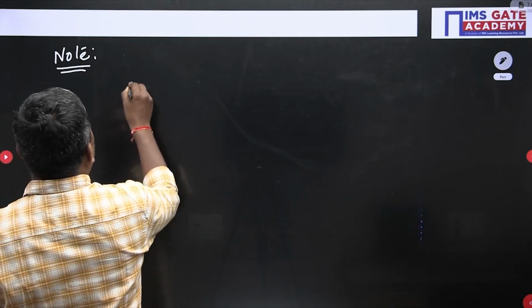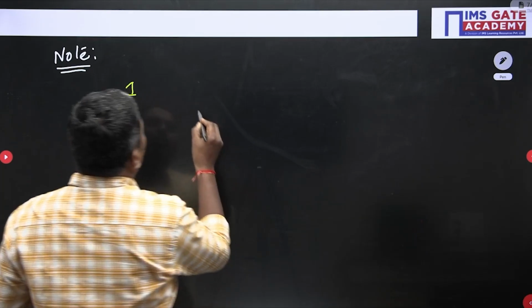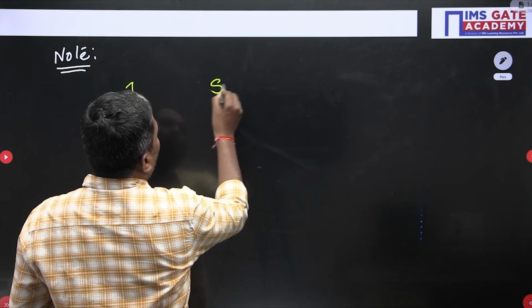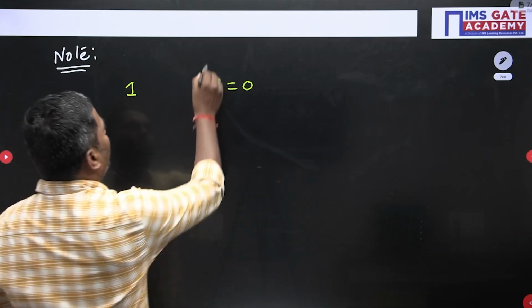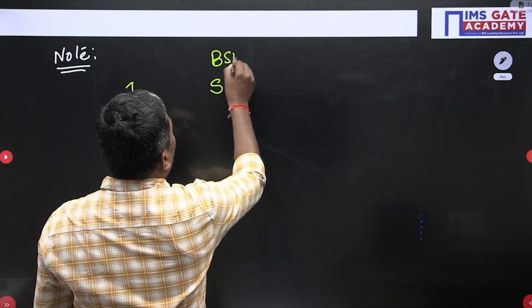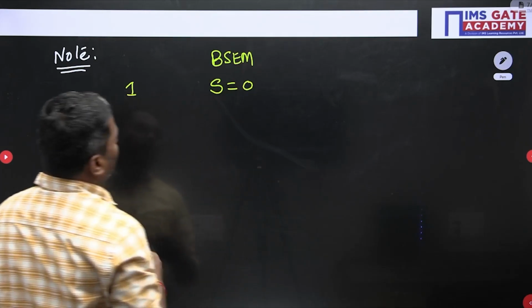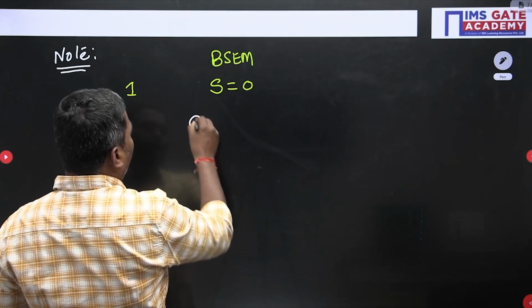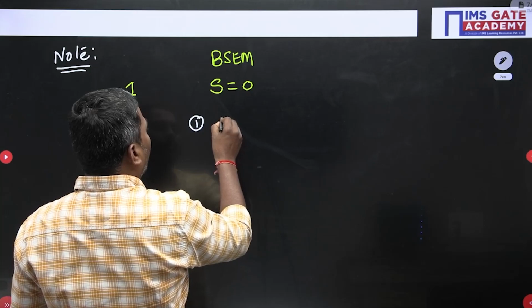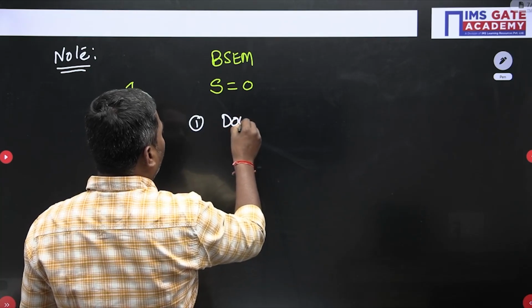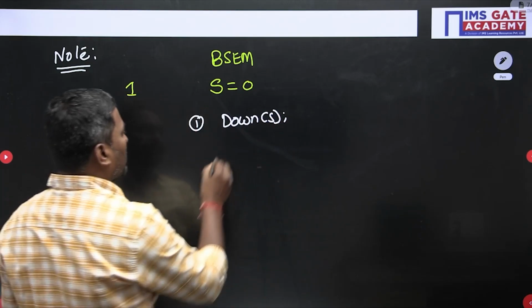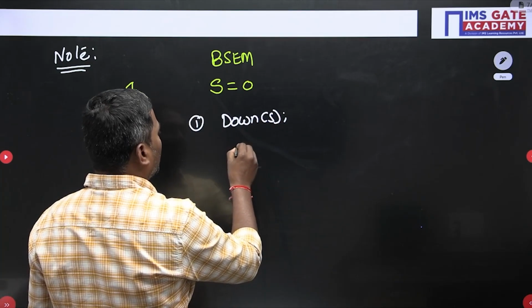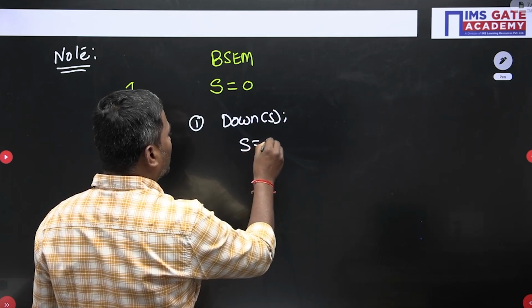Okay, the first point. Take the scenario: binary semaphore S, with value initially 0. I perform a down operation on S. What is the S value? S is still 0 only.